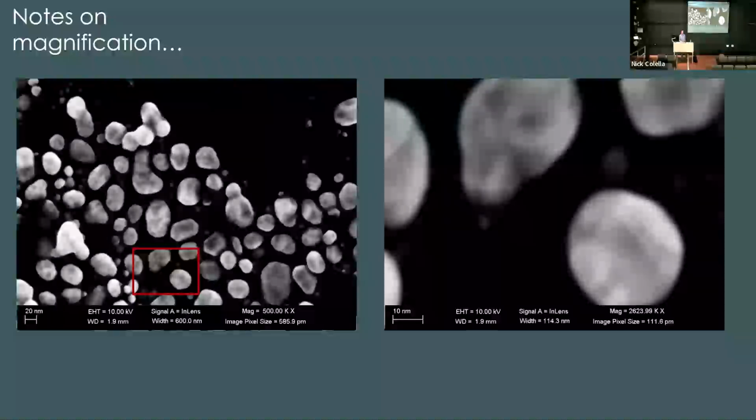Because we've crossed this threshold where the microscope will let us keep magnifying, keep zooming in, but we're past the practical limitation: each pixel isn't really reflecting a true increase in the resolution of the system. So we haven't really learned anything by zooming in more on that.